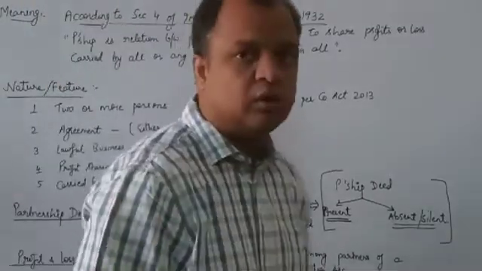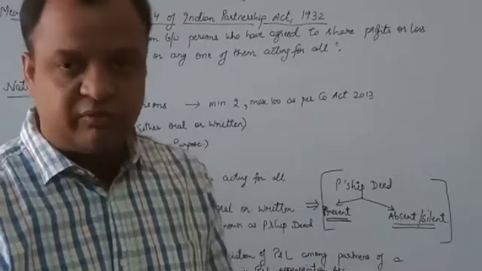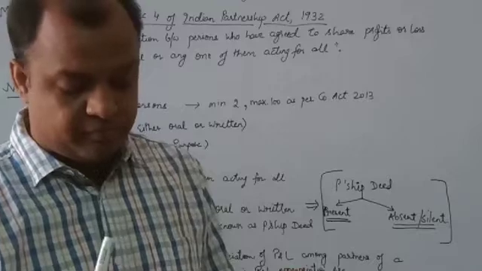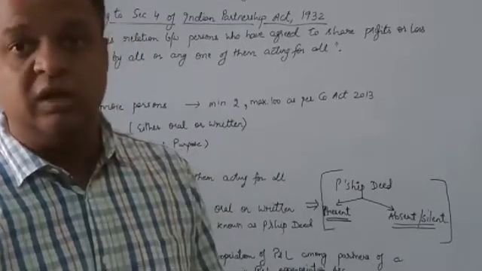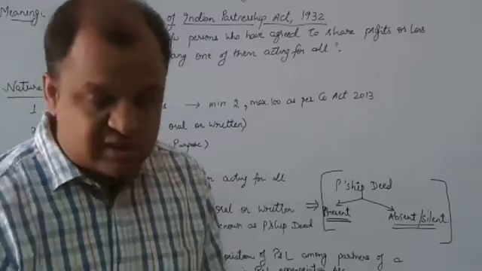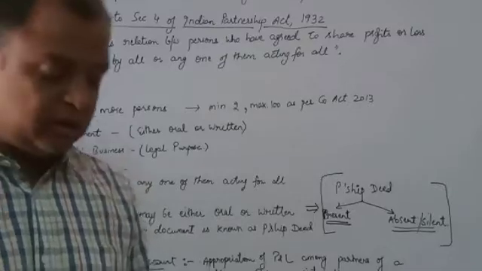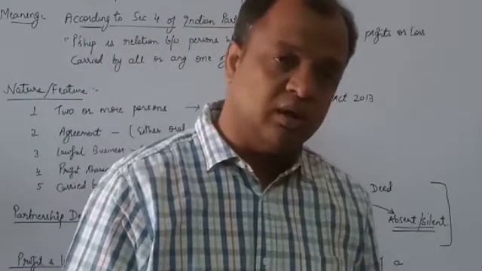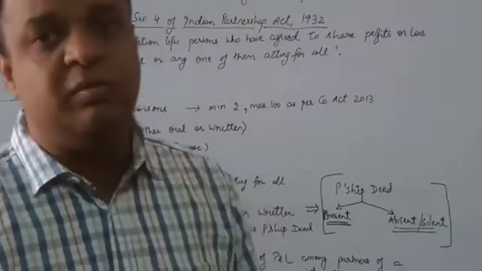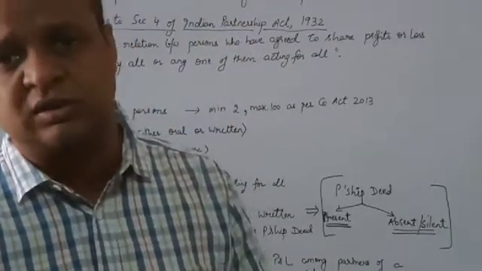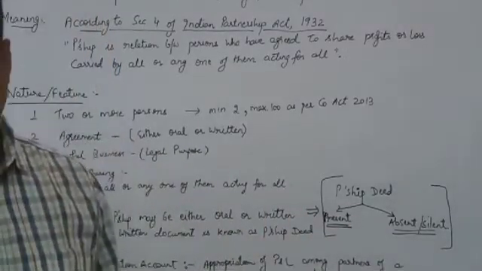The agreement involves the name of the partners, the name of the firm, the address of the partners, the address of the firm, location, nature, and what is agreed among the partners: whether interest to the partners will be given or not, interest on drawings will be charged or not, salary will be given, interest on loan will be given, and if so at what rate, etc. These are the items covered in the partnership deed.